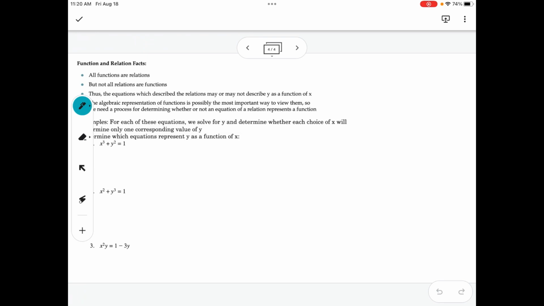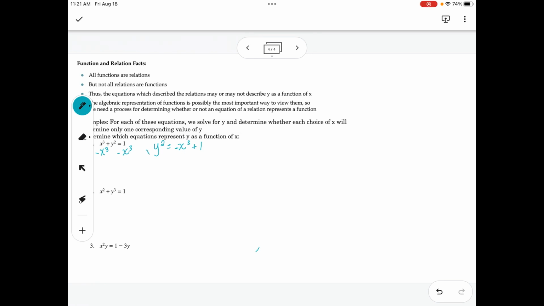So our first step is to solve the equation for y. To do that, I'm going to subtract x cubed from both sides. Thus, I will have y squared equals negative x cubed plus 1.